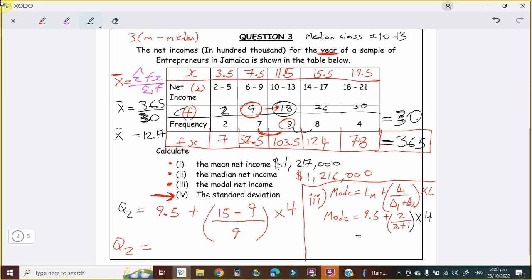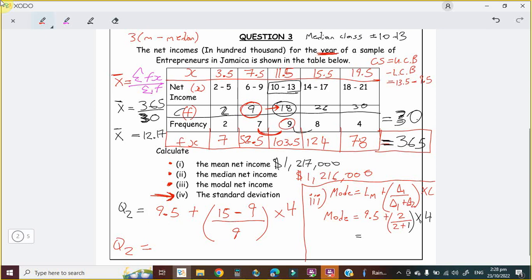Class size is 4. How do we get 4? Remember, the formula for class size is upper class boundary minus lower class boundary, right, Israel? So 13.5 minus 9.5.